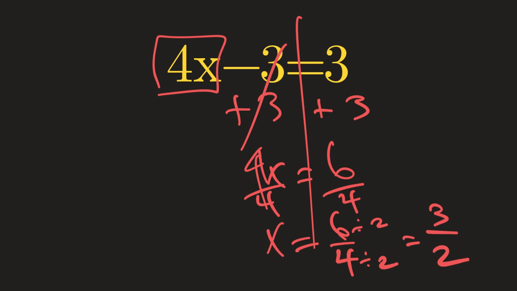So it's okay if our answer doesn't come out to be a nice, neat integer. But if you get in that situation where you do the division step and you're like, wait a minute, that doesn't work real well, guys, create a fraction. It's okay. Just make sure that the fraction is reduced to lowest terms. In this case, 3 over 2, and we're good.